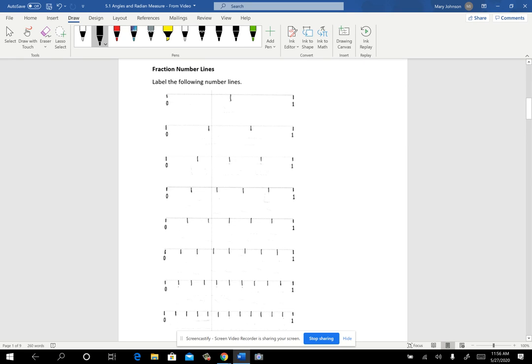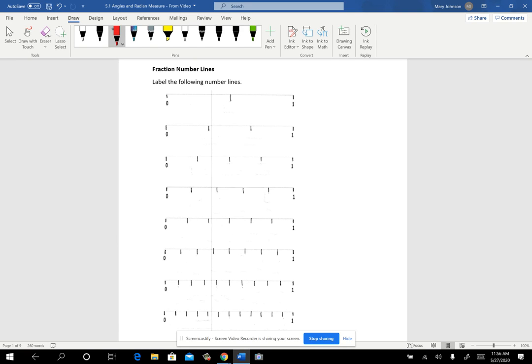And I just have some blank number lines that have been cut into various number of parts. And if you start building your number sense with fractions, it helps us when we get to where we're trying to identify angles.